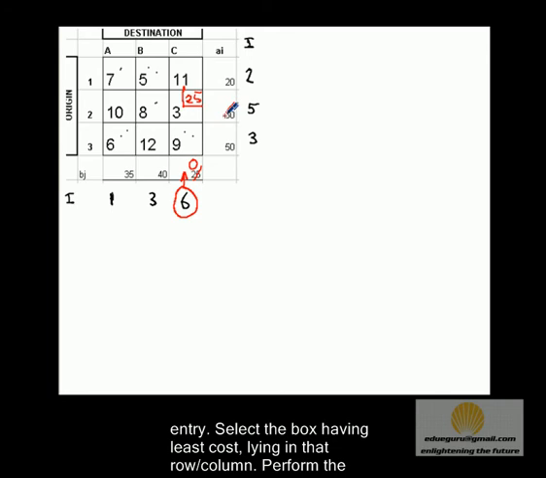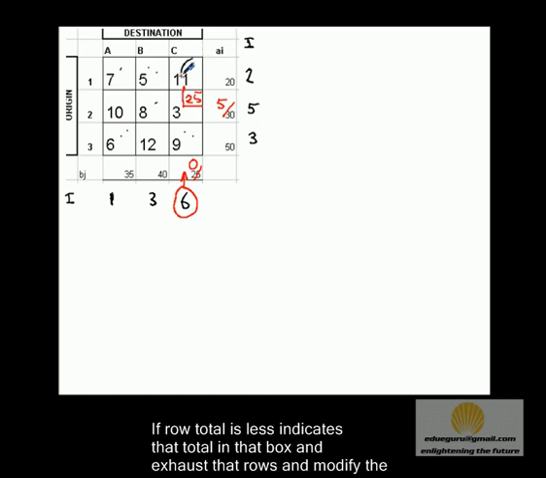So we'll put 25. The column demand is completely exhausted, and we are left with 5 on our supply side. Since this column doesn't have any more demand, we'll strike out this column. Now the same step will be followed a second time.